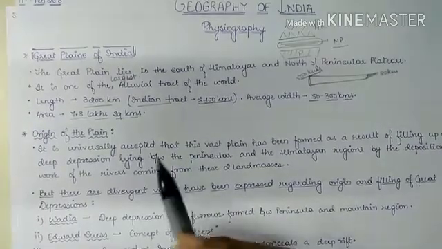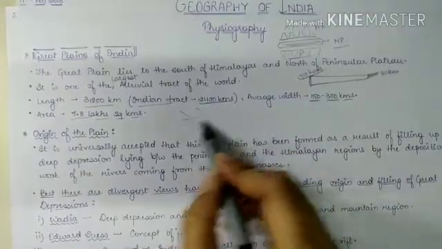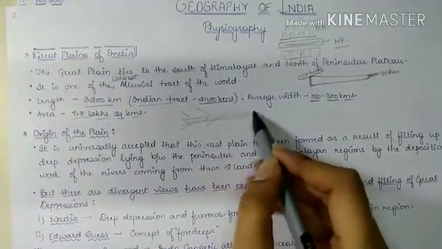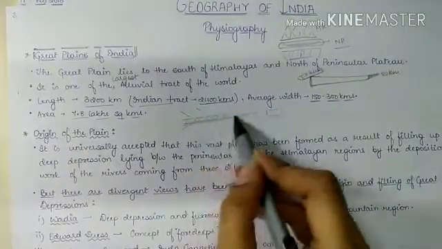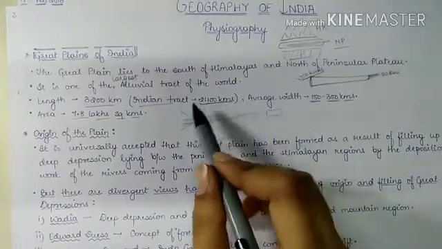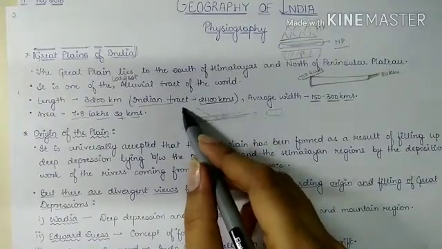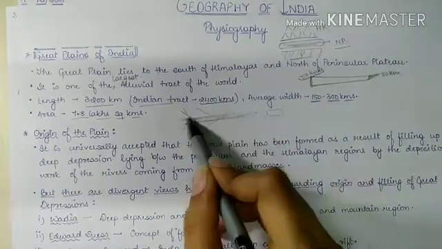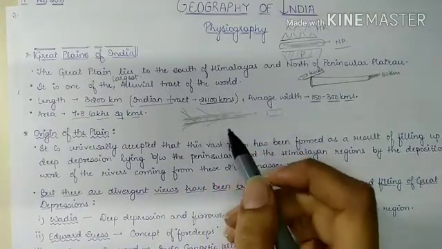Now all the rivers that are flowing deposit their alluvium in this tract, making it one of the most fertile areas in the world. The rivers are mainly the ones originating from the Himalayas, and some of the peninsular rivers, which are not very important.